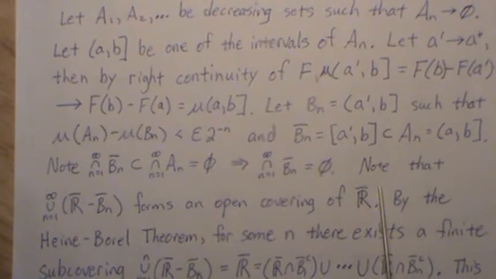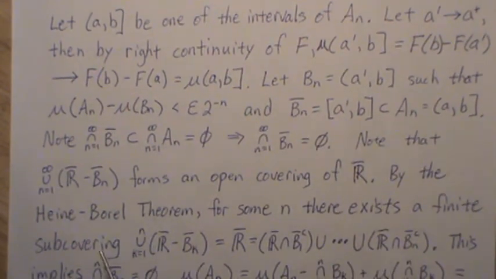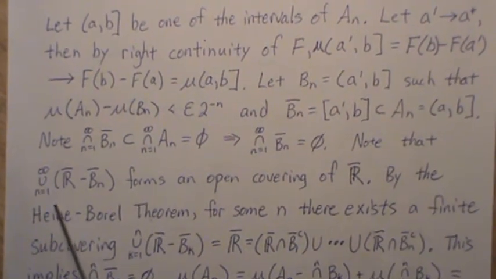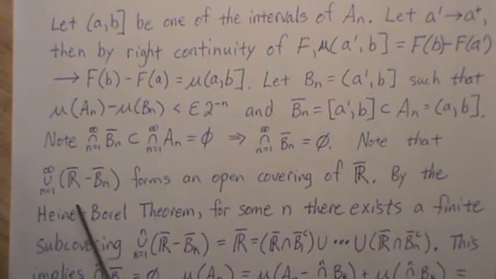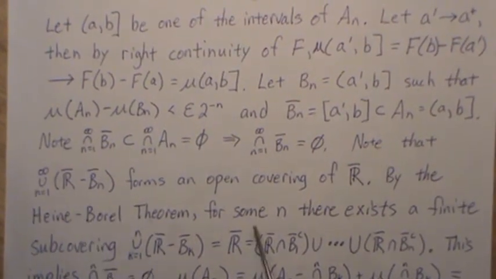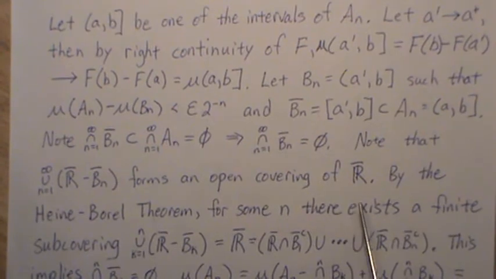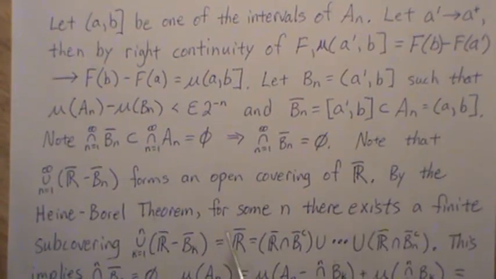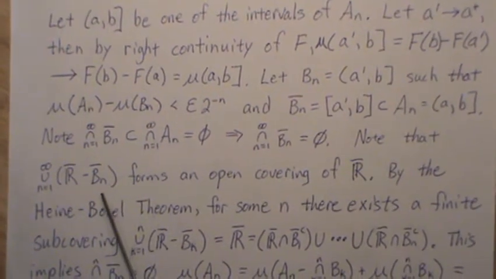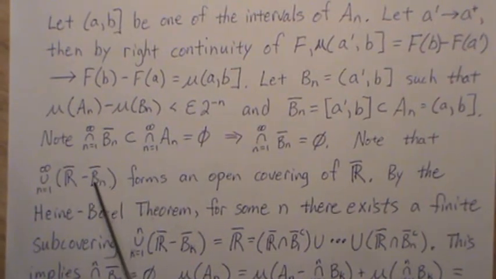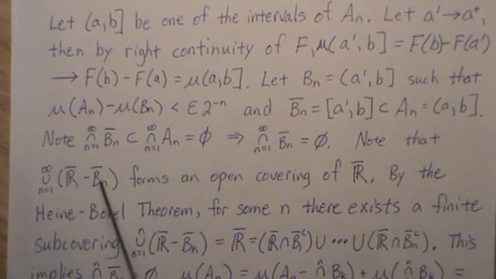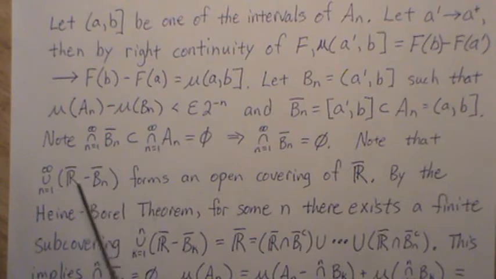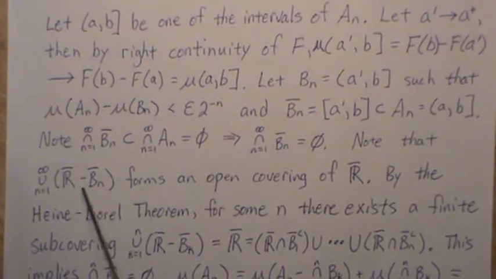Now, note that the infinite union of these sets forms an open covering of R. Right, because the BNs get smaller and smaller, so we're subtracting off a smaller amount each time.